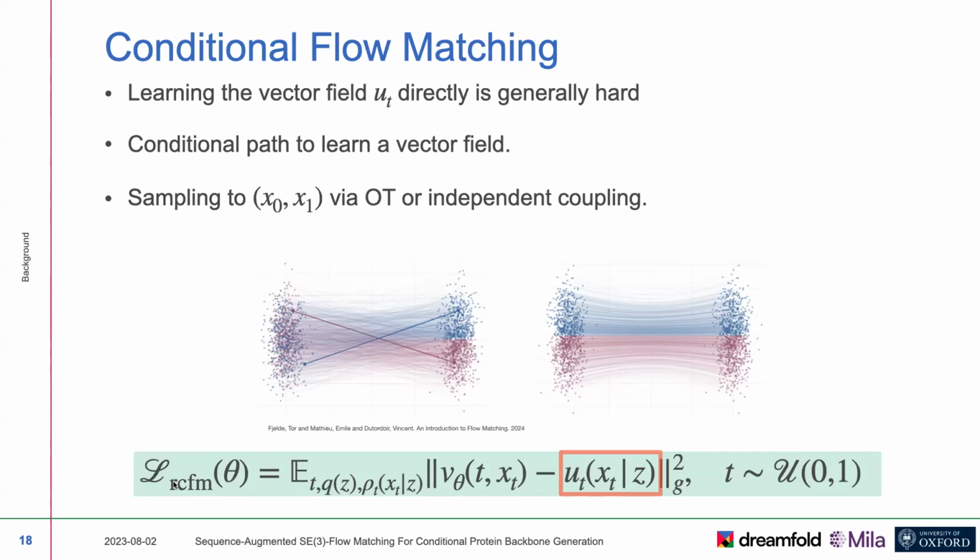The gradient of this loss corresponds to the gradient of a similar loss with the unconditional vector field. In SE3 flow matching, the main difference is the metric that we need to compute for the loss. We use the metric defined on SE3. And so this is the main idea of how we train this model on SE3.